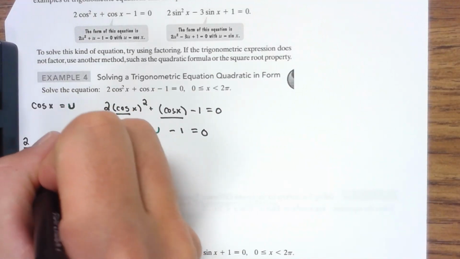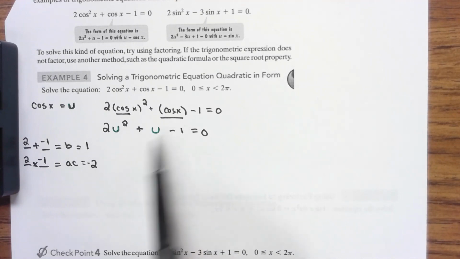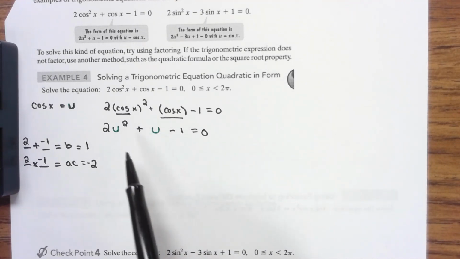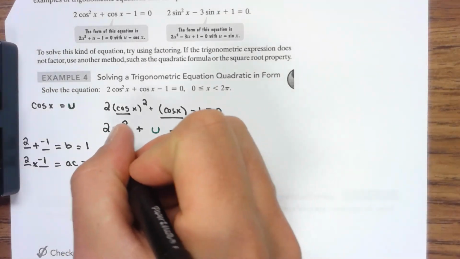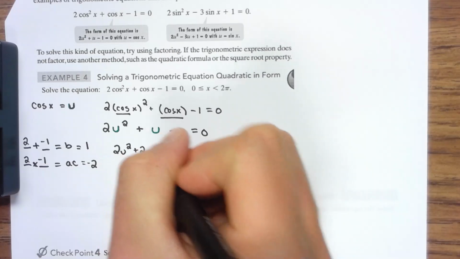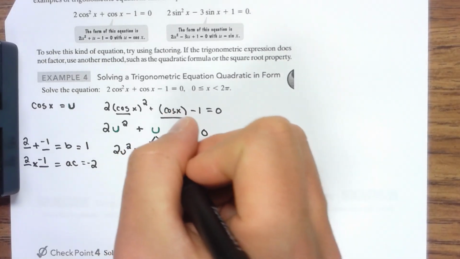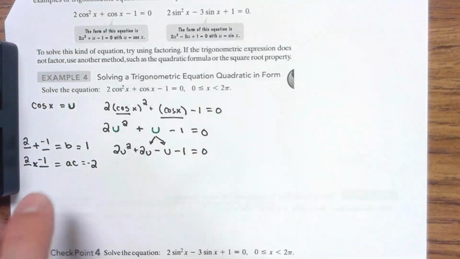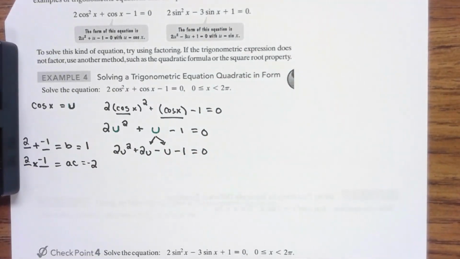Remember, what these numbers are doing is breaking up that middle term, that u. So u has now become 2u minus u, making our equation 2u squared plus 2u minus 1u minus 1. So that u got split up based on our numbers that add to b and multiply to a times c.